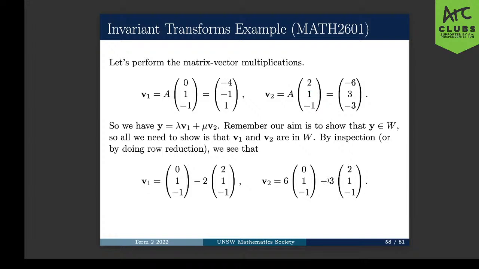You do the -3 times 2, 1, -1 and just fix it up, making up for the remaining parts in V2 by taking a multiple of the first vector here. But all this is saying is that V1 and V2 are in W, so Y must be in W as well. And therefore, since we just assumed Y was in T of W, T of W is a subspace of W.